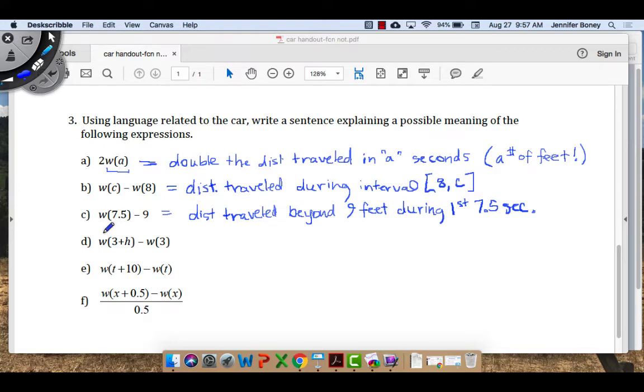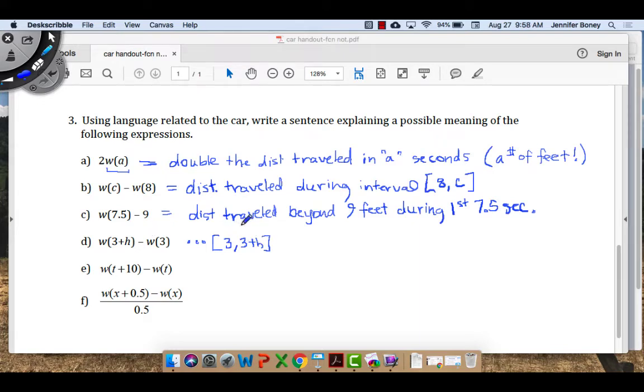Starts at 3 and goes to 3 plus h. So if I'm thinking about the time interval 3 through 3 plus h and measuring how much distance I travel, this would be the description that we get based on what we were doing in number 2.